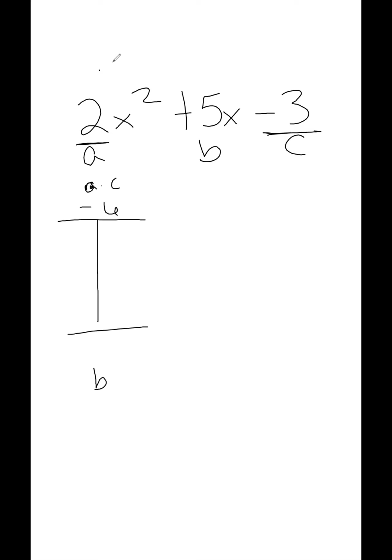And then B is down here, which is 5. Remember, we're looking for what multiplies to -6 and adds to 5. Now, this is where the multiplication chart will help you if you need it, plus knowing your rules for positives and negatives.